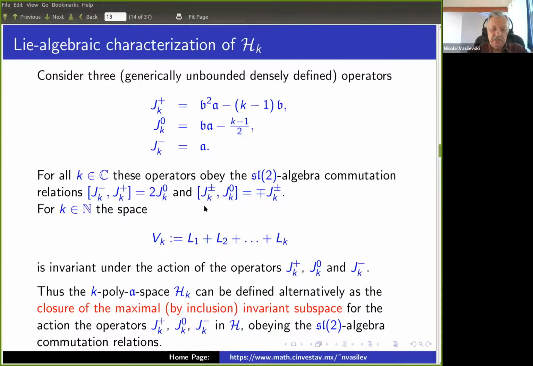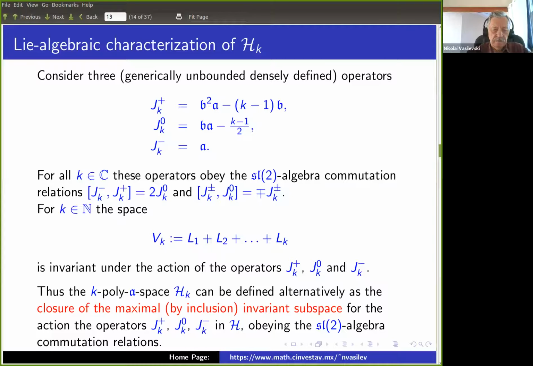What is interesting here? Based on operators A and B, we can consider three generically unbounded, densely defined operators, Jk plus, Jk naught, and Jk minus, defined by this formula. These operators for arbitrary k obey the SL2 algebra commutation relations.